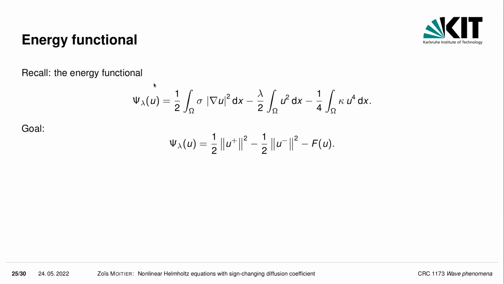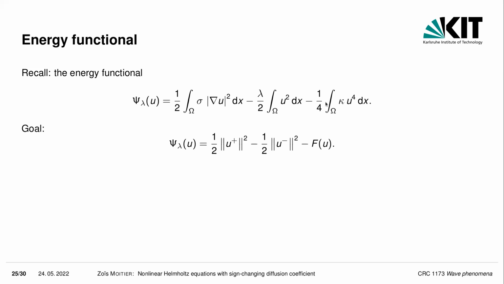So here for the variational result, now you fix lambda and you ask how many solutions do I have when I have fixed lambda and I want to find u. And this is also based on this energy functional, and you need to rewrite your energy functional to look like this.